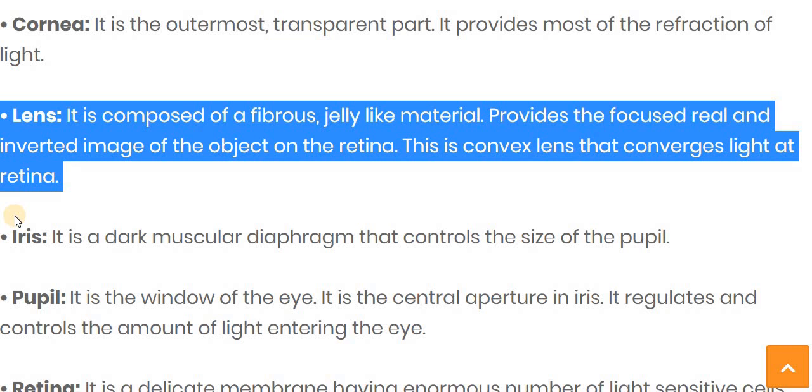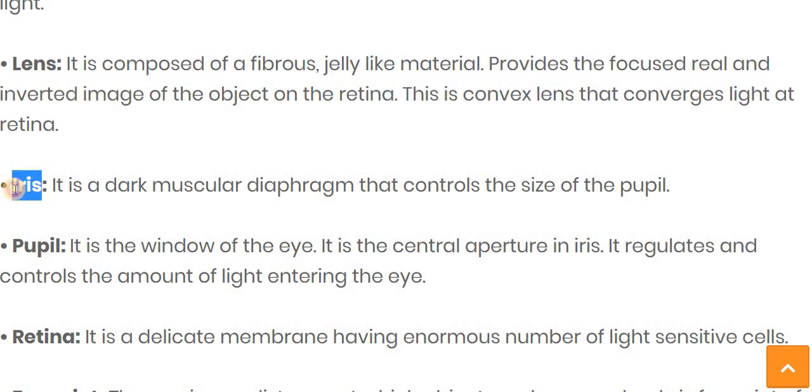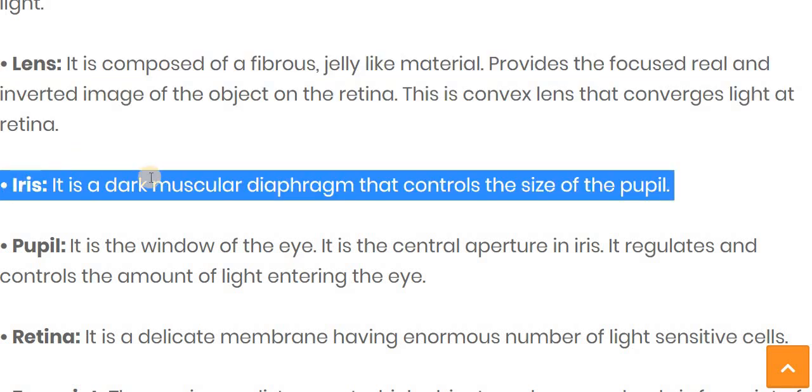So this convex lens helps to focus the light on the retina. Then the iris. The iris is a dark muscular diaphragm, and its function is to control the light entering the pupil.